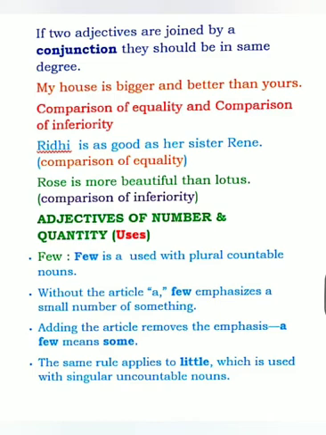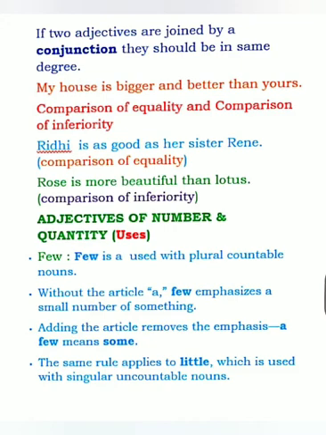Now without the article a, few emphasizes a smaller number of something. Few means almost like hardly any, means nothing, you can say. Adding the article removes the emphasis. A few means some. Now when we add the article before few, it means some.